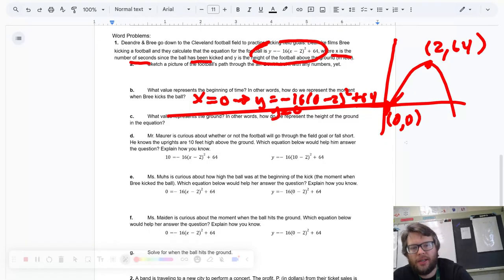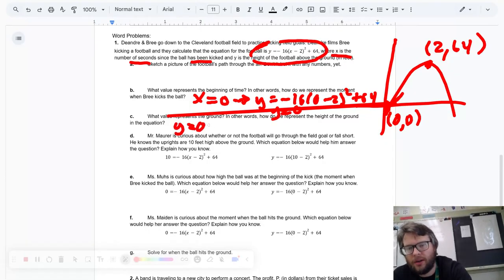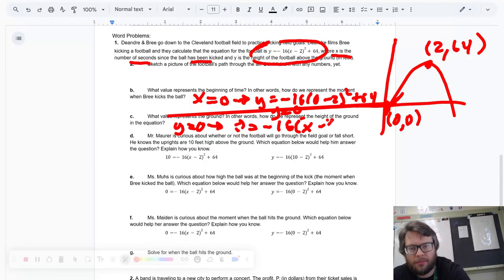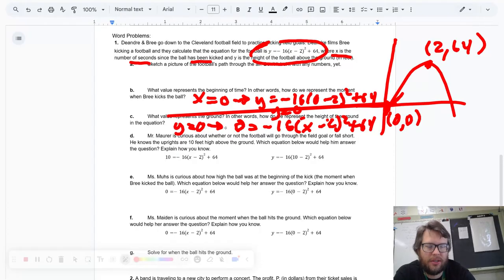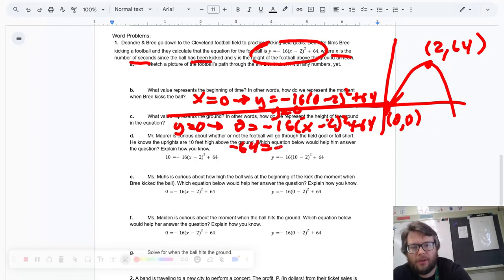Then, where does it hit the ground? It hits the ground when y is equal to 0. So I should say 0 equals negative 16 times x minus 2 squared plus 64. If you solve that, just like we solved the other problem, take away 64.